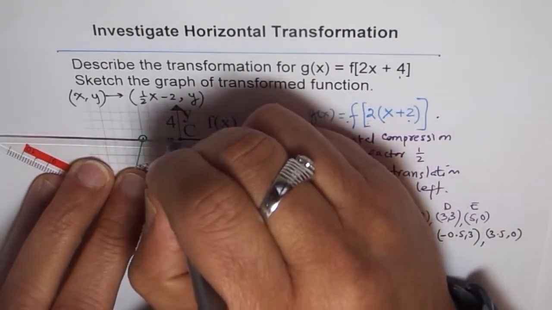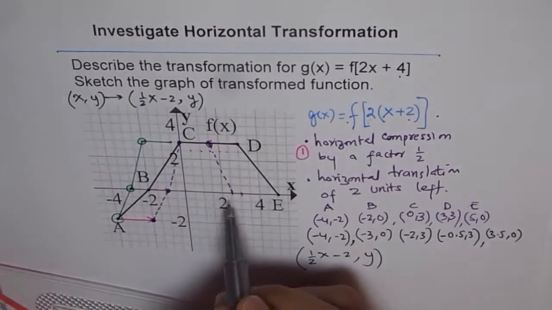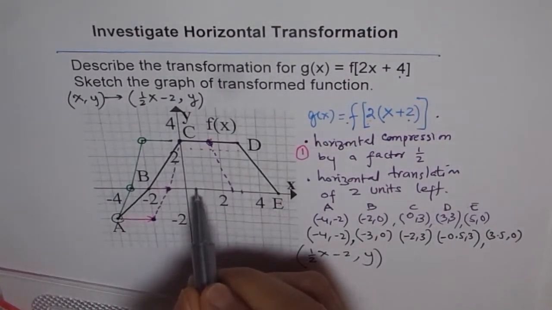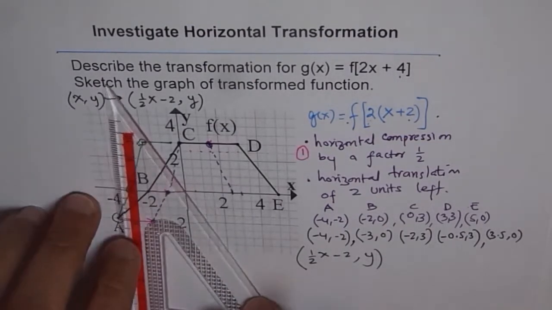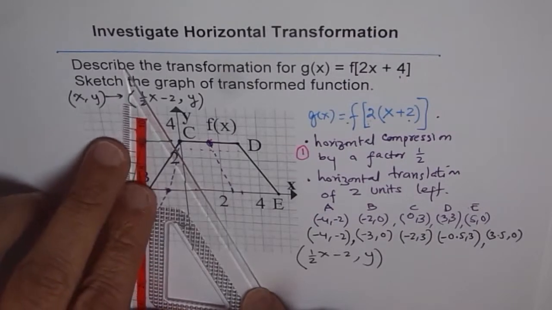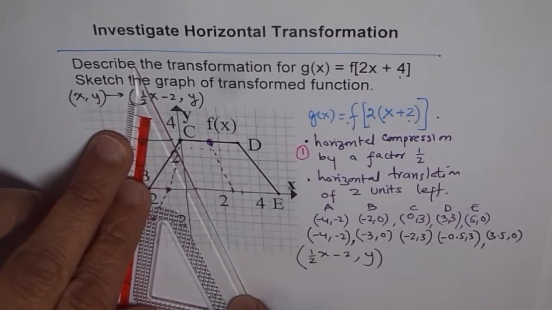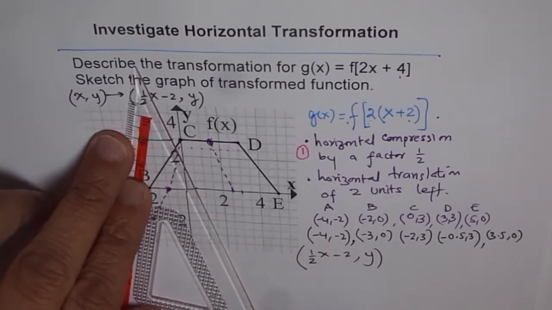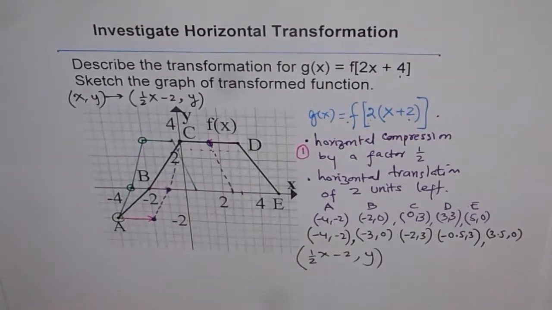It does say -0.5. So I'm quite right here. And this 2 units left, this will be here, right? 2 units left. Now, so that is what I get, shifting everything by 2 units. So that is my E.